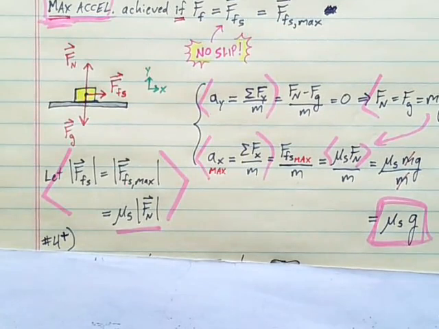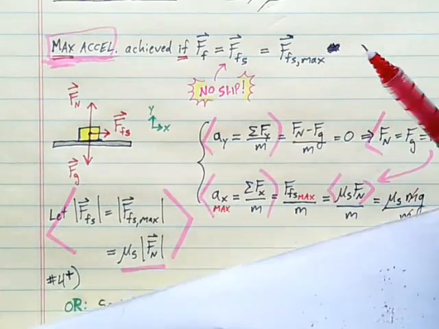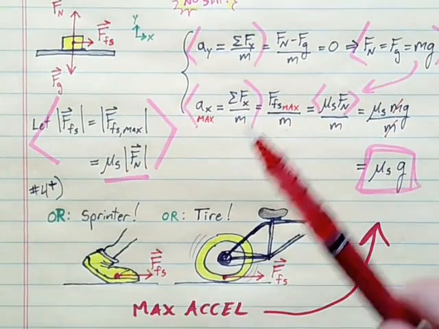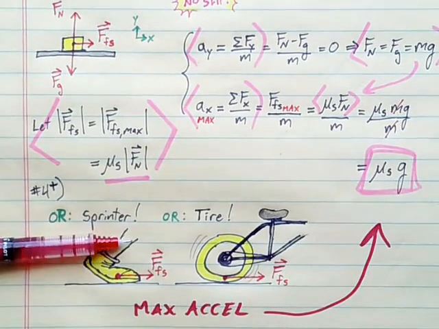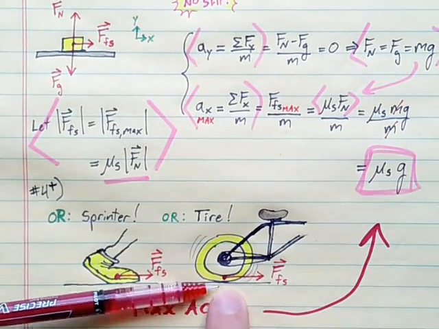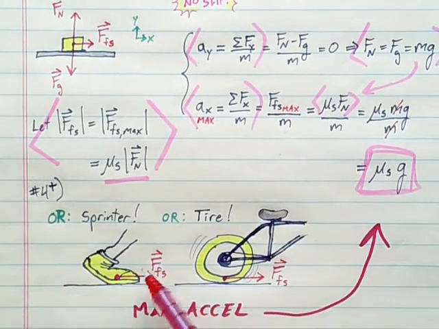Now, this FBD also applies to these scenarios. Say a sprinter pushing off of a surface running to the right, or a bicycle tire or a car tire pushing off of the surface as the bike accelerates to the right. Static friction we can also think of as traction. This is your traction.